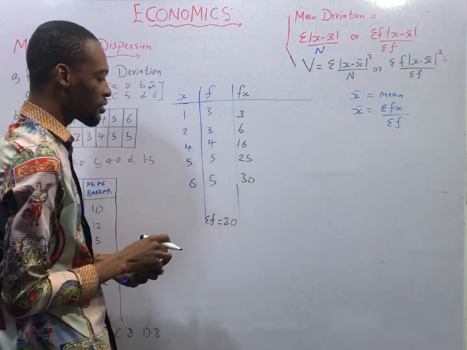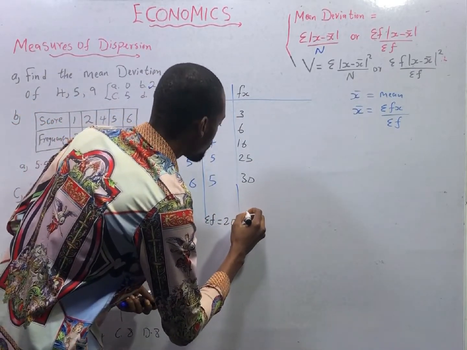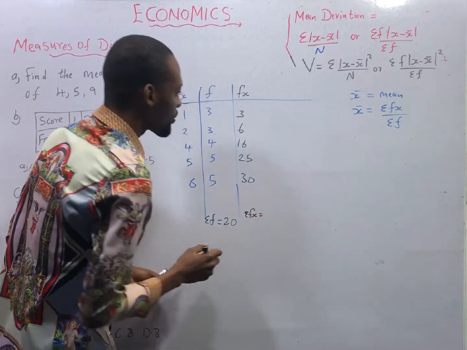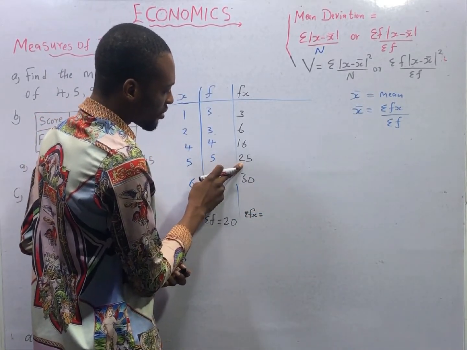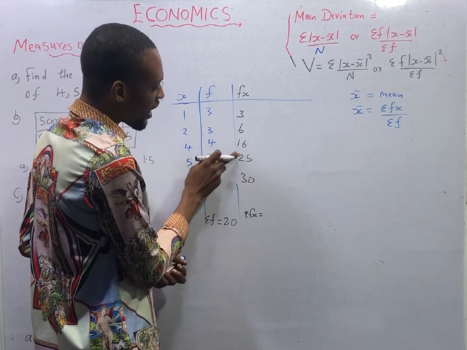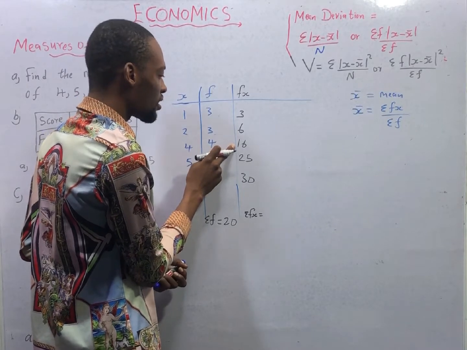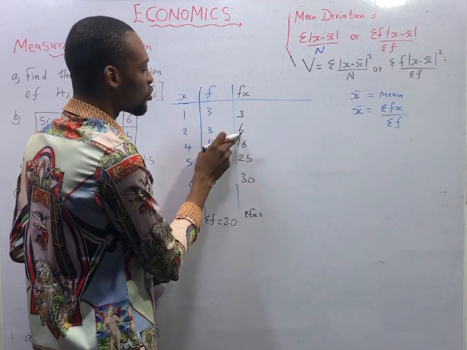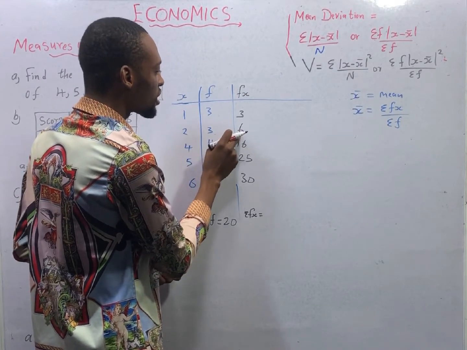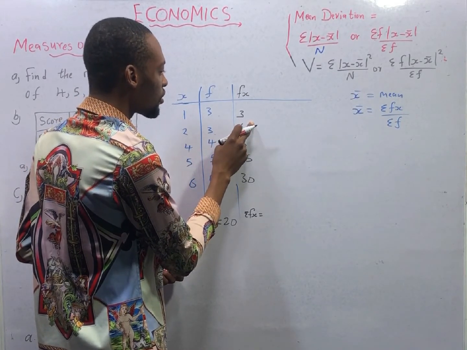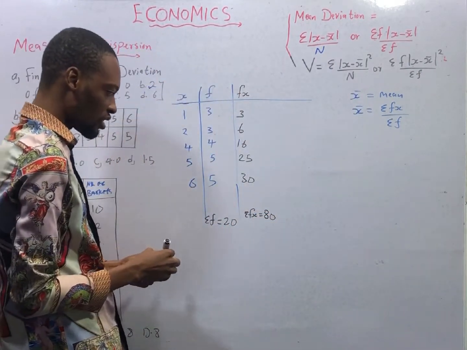So summation of Fs is 30 plus 25, 55. 55 plus 16, 71. Plus 6, 77. Plus 3, 80. So summation of Fs equals 80.